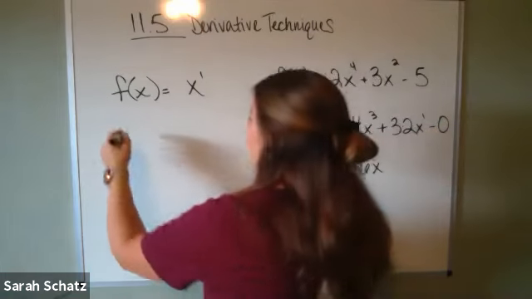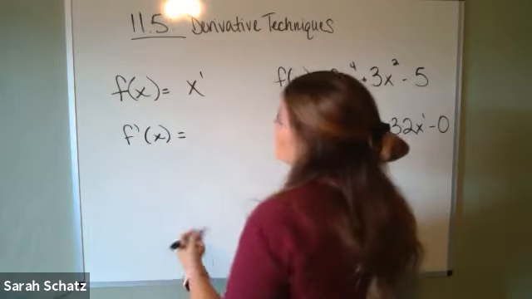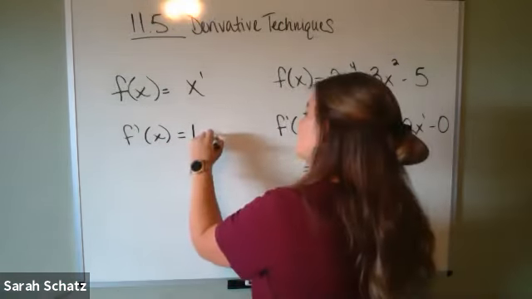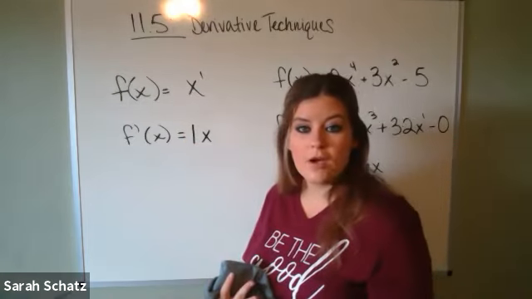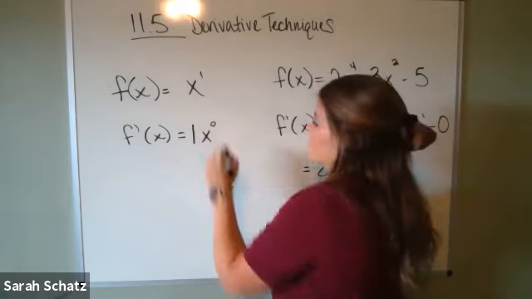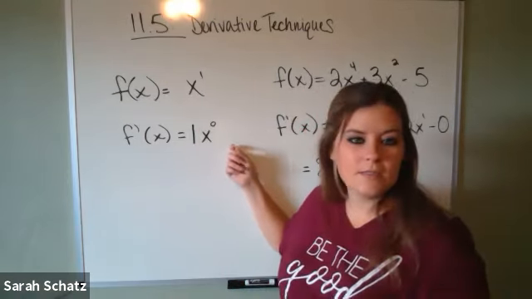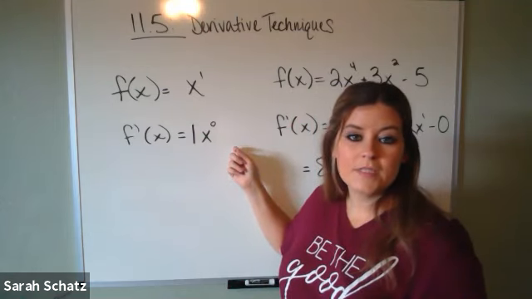So using the power rule, when I take the derivative of this, what happens? This 1 comes down in front. And I have to take a power off, you guys. So if it's already at a 1, if you take 1 off, it becomes 0, right? And this is what gets us sometimes: what is x to the 0 power? It's 1.